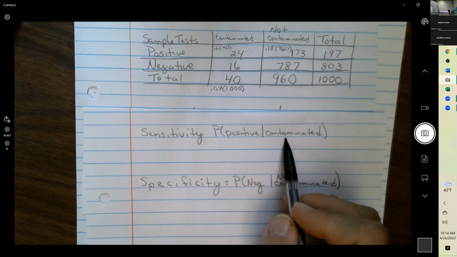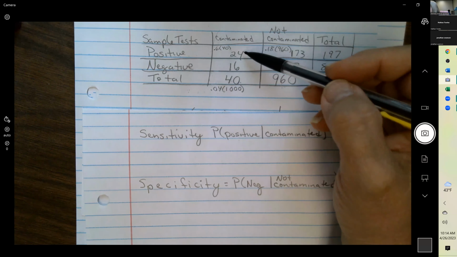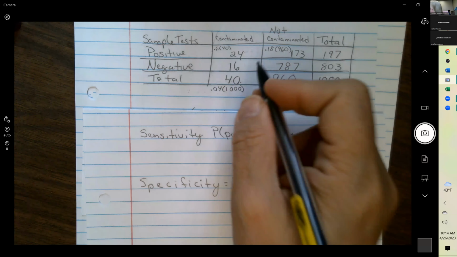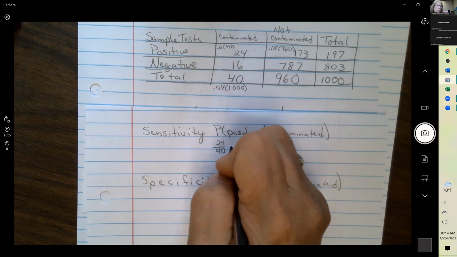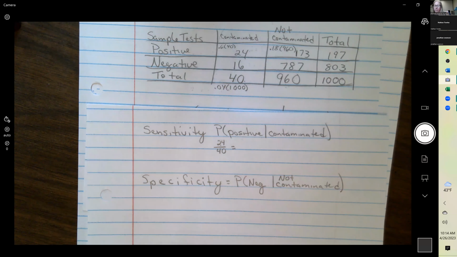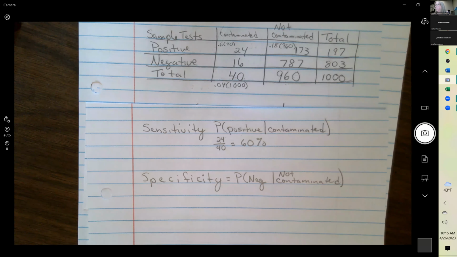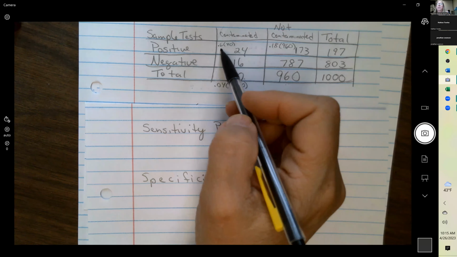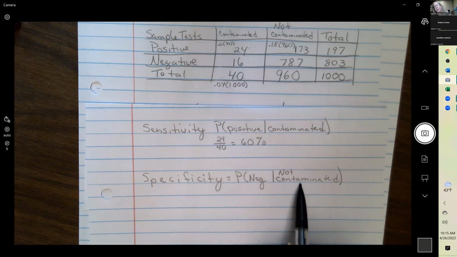Positive, given it's contaminated. So contaminated would only use this column. Positive 24 over 40. Getting 60%. And we were given that in the story problem, but for the second one, it's not contaminated that is given.